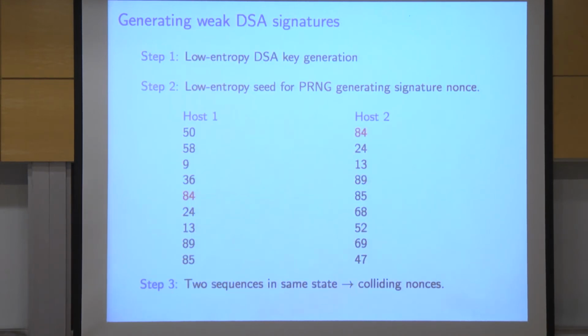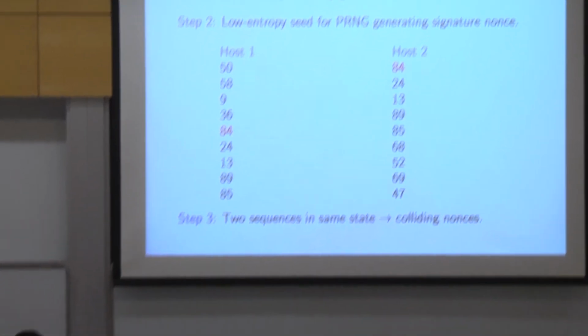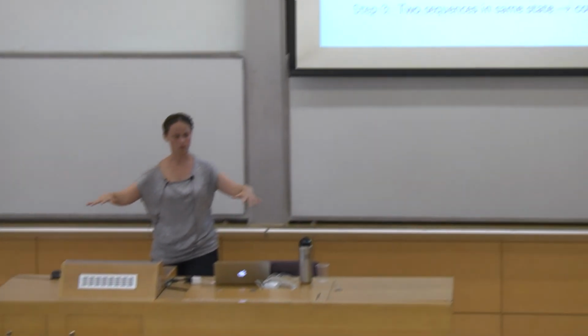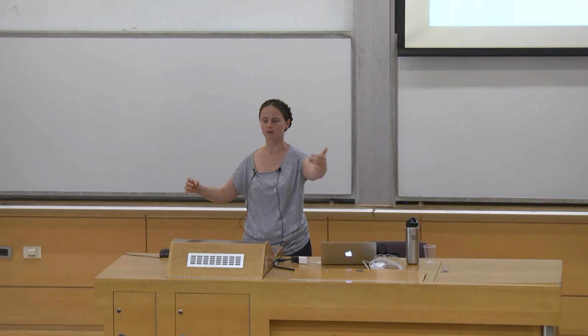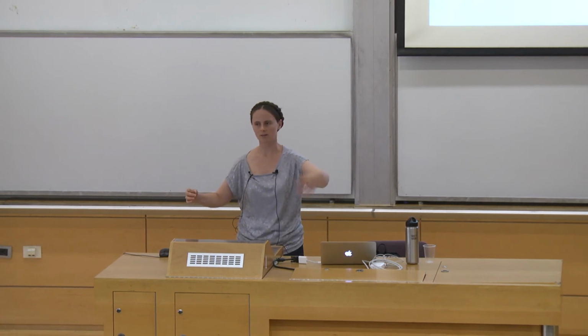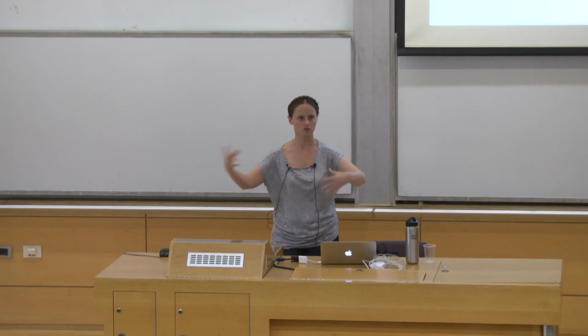So why do we see things like the weak DSA signatures? The DSA signatures are interesting because you might think that even if at very first boot we've got some entropy issues, by the time these devices are actually running in practice, they've been on for a while, they've had time to get entropy from their environment, their states should have diverged.